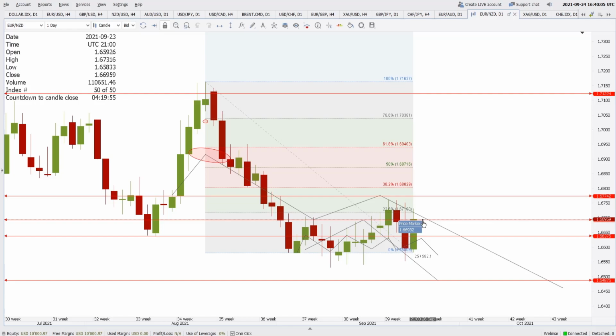So any close below 1.6693 will expose 1.6637, and any close below that will expose 1.6487. On the contrary, if we see a close higher than 1.6697 or 1.6693, then the 1.6774 area will be exposed in this market. And if we see a close higher than 1.6774, then 1.7122 will be exposed in this market.